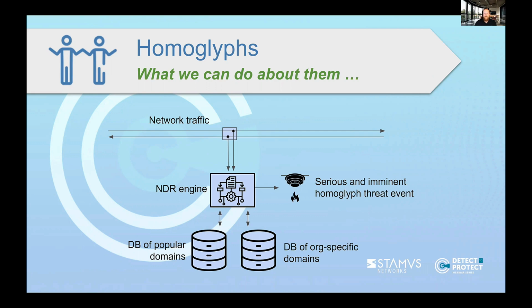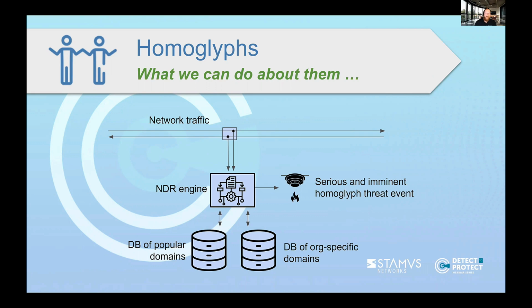That database could be similar to the Alexa Top 100 domains, and paired with a list of custom domains, maybe specifically to your organization, your domain names and things like that, could be added to that list of commonly spoofed domains. And then when the traffic moves through the network, it is checked against this list for similarity, and an alert is triggered if the estimated similarity is below a given threshold.